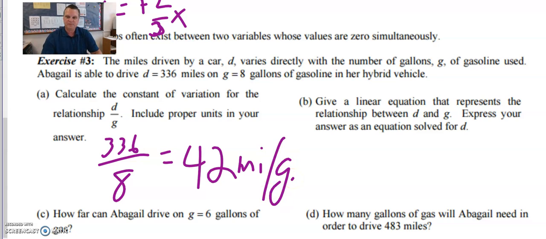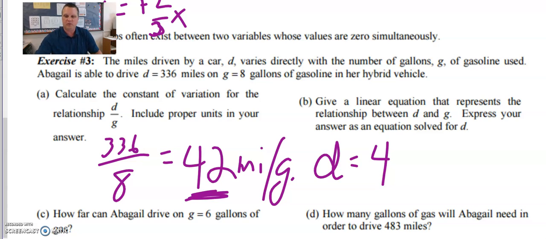Give a linear equation that represents the relationship between D and G. D is going to be miles driven, so D equals 42 miles per gallon.